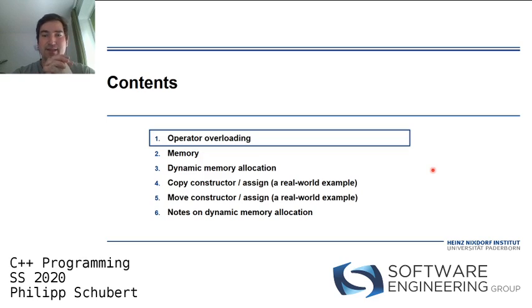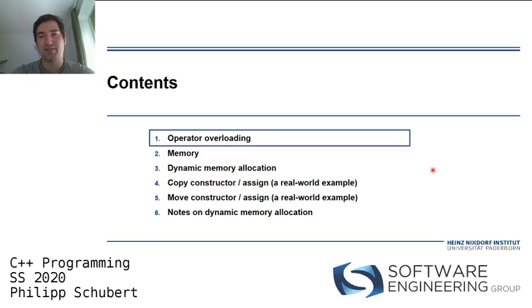Then in the second, larger part of this lecture, we will discuss memory, the different kinds of memory that your computer program comprises when run on an operating system. And we will also discuss dynamic memory allocation, which we have not yet really used, or if we used it, we used it implicitly, as you will learn today.